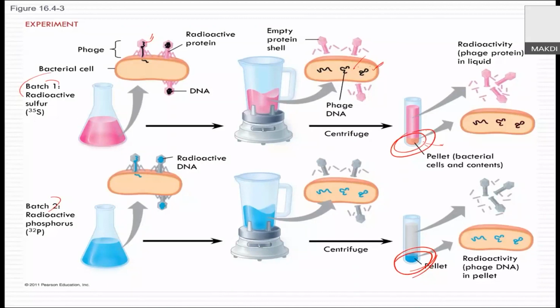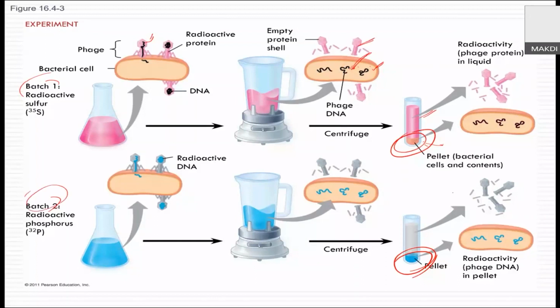But what happened is the label was observed in the supernatant, which is the less dense part. So from the first experiment, the protein is not transferred inside the bacteria. It stays outside, meaning the infection does not include the protein.